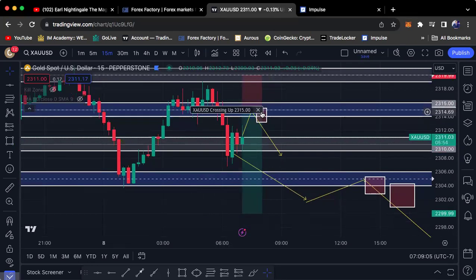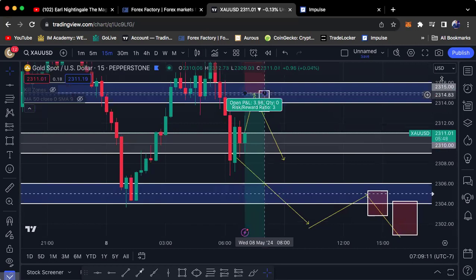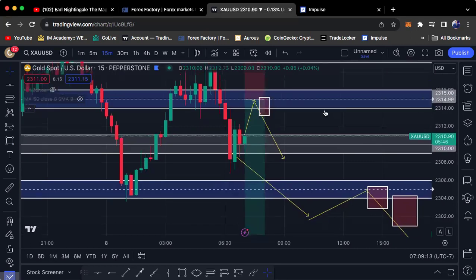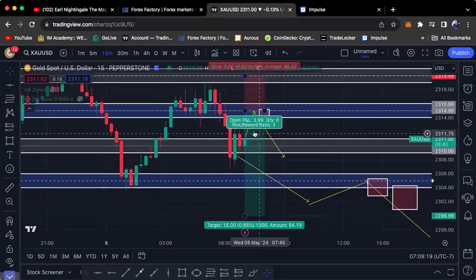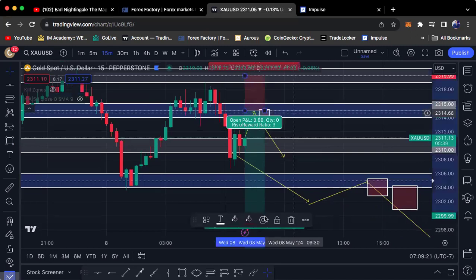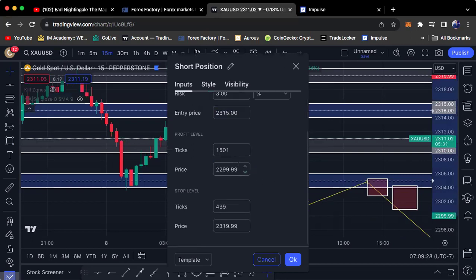That's why I draw my internal zones, because I can catch this move as well at the 23.15 area, and then ride all the way down and do a 1, 2, 3. So this is another setup you guys can potentially take as well. Trade at your own risk.